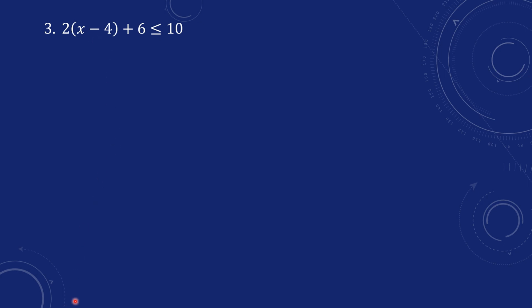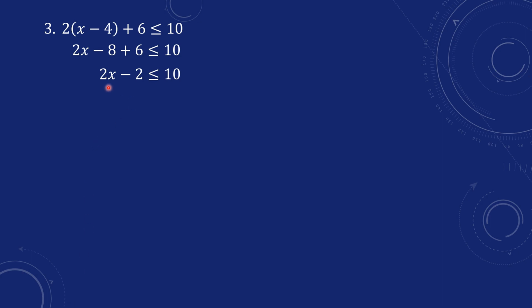So this is now equal to 2x minus 8 plus 6 is less than or equal to 10. We are going to combine negative 8 with the positive 6. Negative 8 plus 6 is negative 2. So this is now equal to 2x minus 2 is less than or equal to 10.